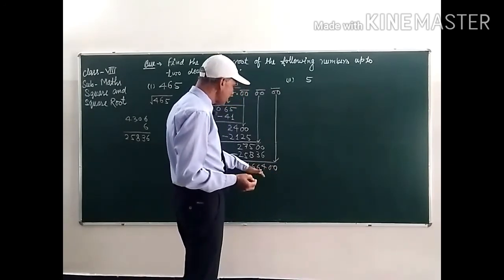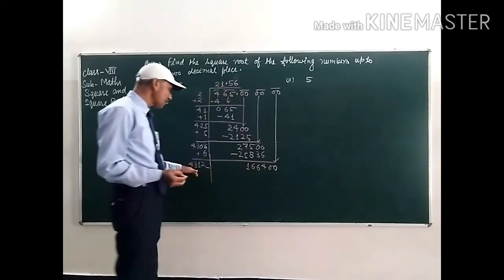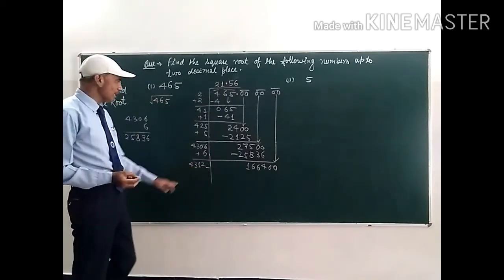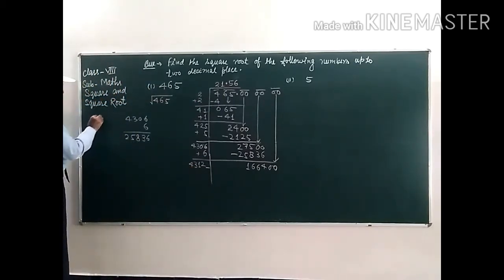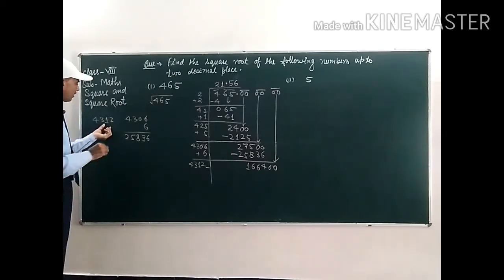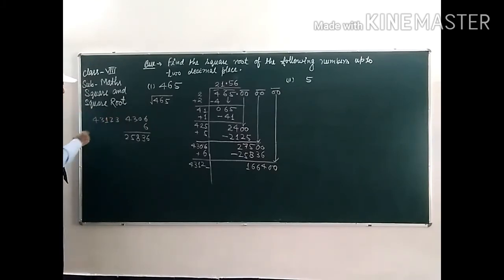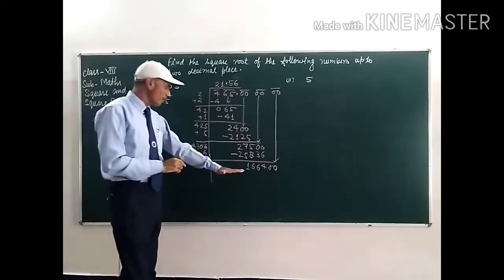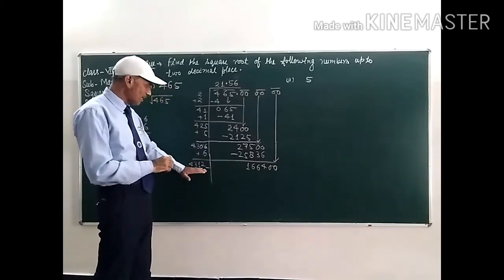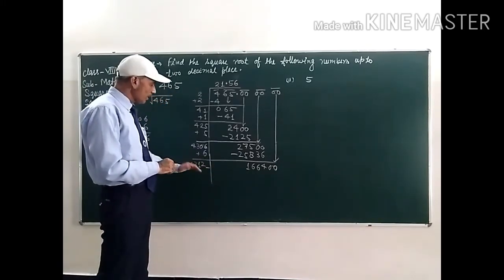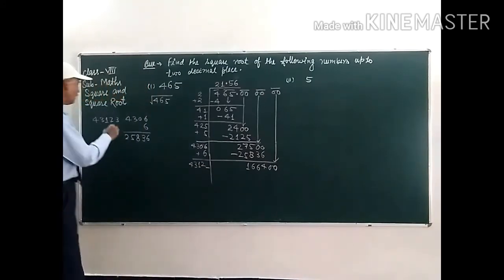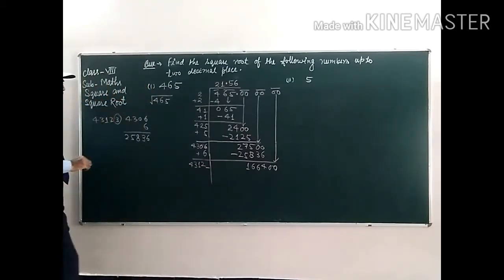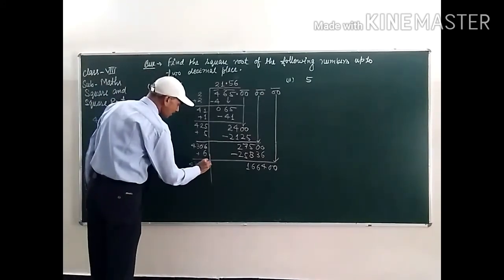So divide this number 166 by this 43. 43 1 2, and write the number, that is 3 times. 4 3s are 12, 4 4s are 16. But this one is 312, so it will be greater than that, so you have to take here 3.